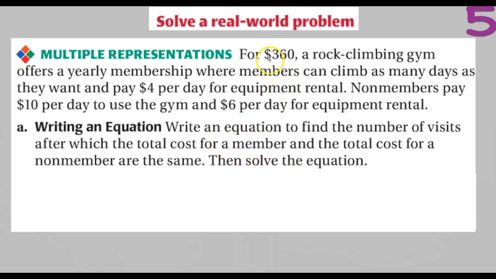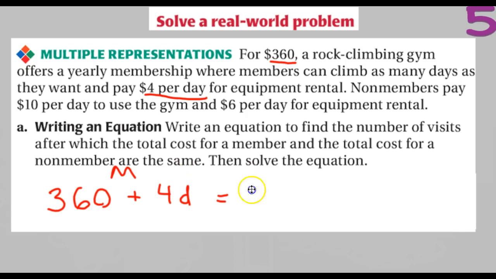So we know that a member pays $360 a year. So this is going to be our member side. $360 plus every day that they go, they pay $4 per day for equipment. So this is our member side.